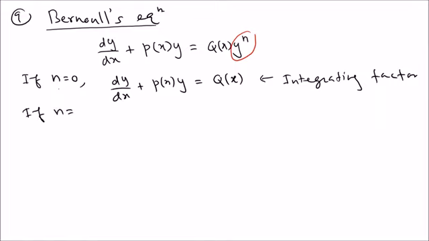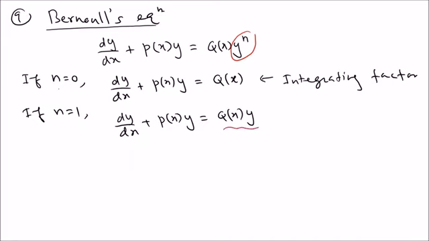If n equals 1, what happens? So dy/dx + p(x)y equals q(x)y. If you get that, we have two options. One option is we can bring this term to the other side.